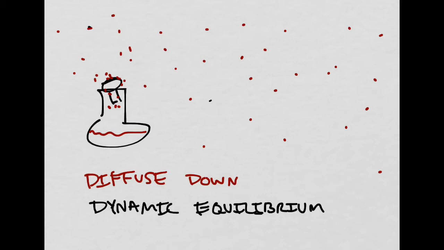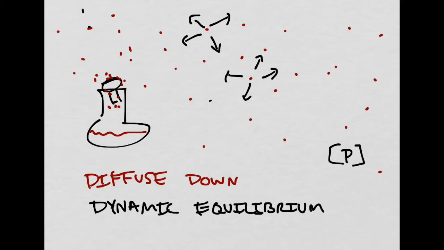And this is the idea that all these particles are still moving. So, for example, this particle can move in any direction within the room, and the same with this one. But on average, we have the same concentration of particles over here as we have up over here.